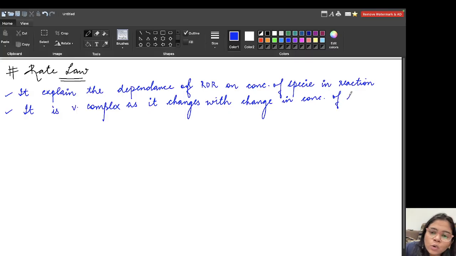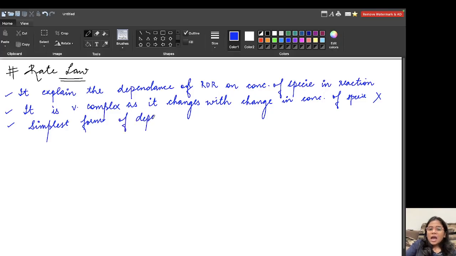So we are not going to study this much complex relation. We'll only study the simplest form of dependence. And this simplest form is identified just experimentally. Very important.